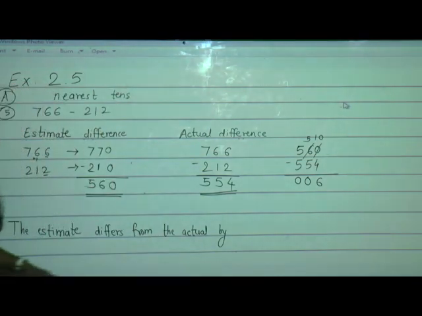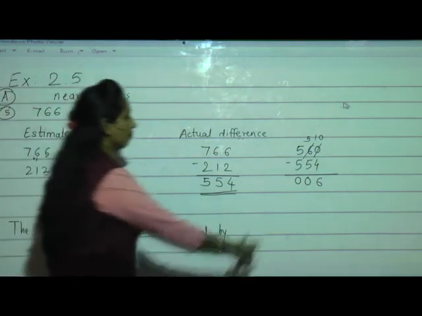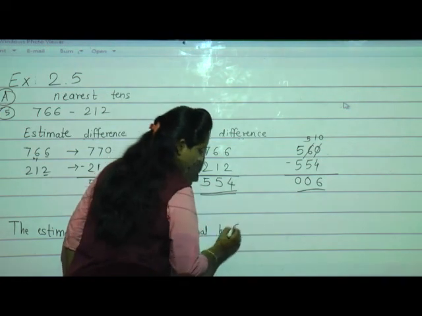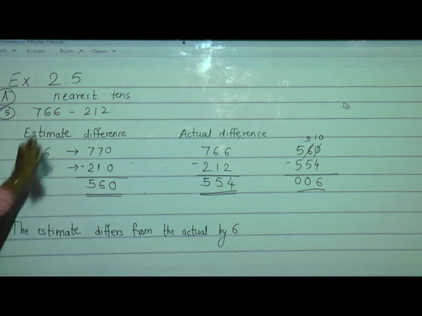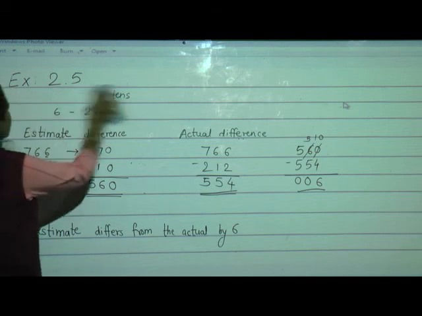So the estimate differs from the actual by how much? 6. Got it? Clear till here? So everyone keep in your mind, whenever you are doing estimating sums, first round off each value, then you have to do whatever is given, whether addition or subtraction.